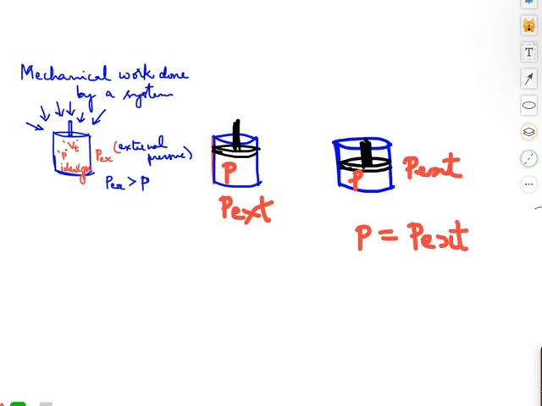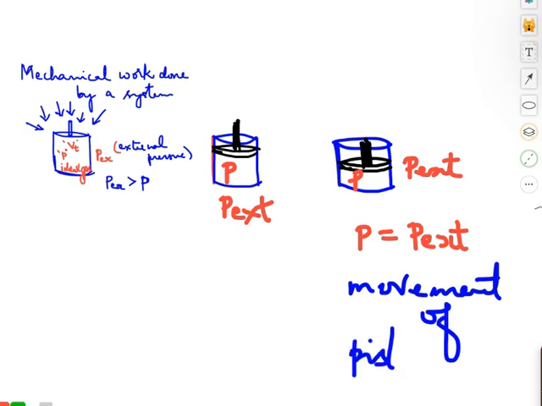The movement of the piston will stop when the pressures outside and inside are equal, right? In this condition, the movement of the piston stops.